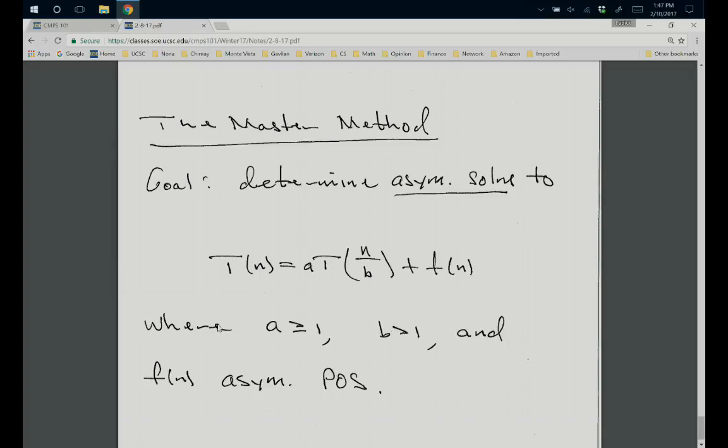However, when you do these problems on an exam, like midterm 2, I insist that you tell me which case you're in, and in case 1 and 3, you tell me a particular epsilon that makes this statement true, and then you're at liberty to write down the answer.